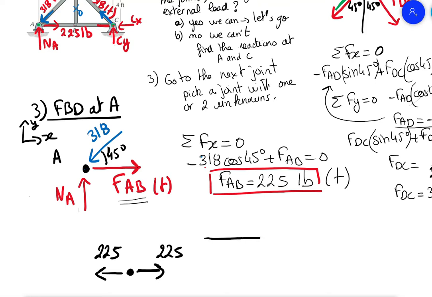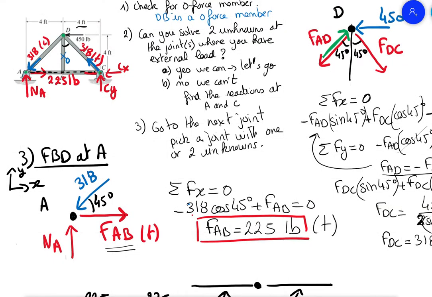So if you have a member like this, this member and this member will have the same magnitude and same direction, tension or compression, and you can write it right away. So 225 is everywhere there: 225, 318 in compression and 318 in tension.